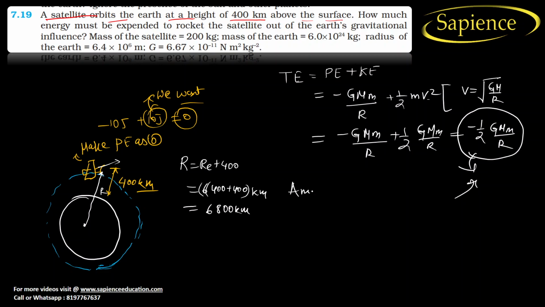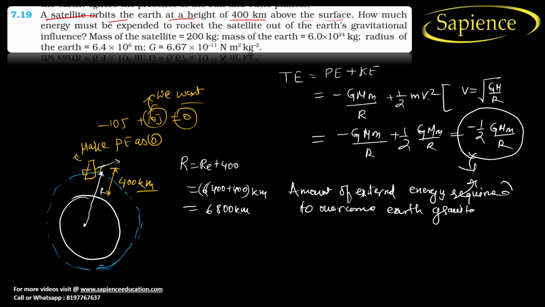So the amount of external energy required to overcome Earth's gravitational influence will be equal to half into G into M into small m by R.